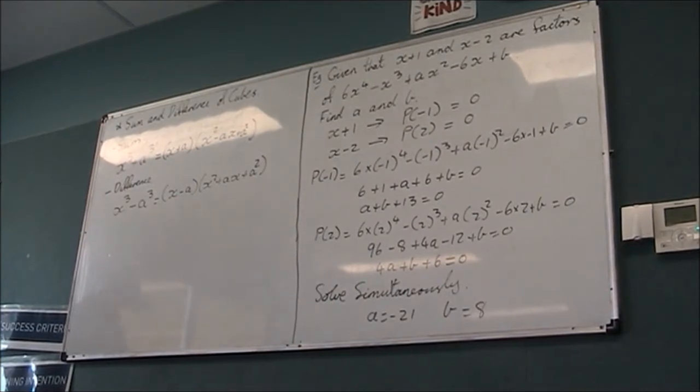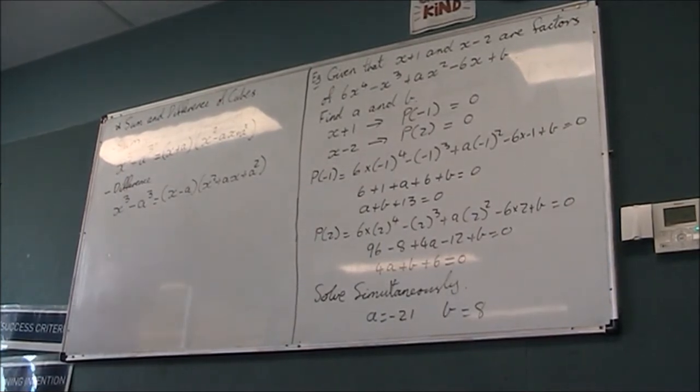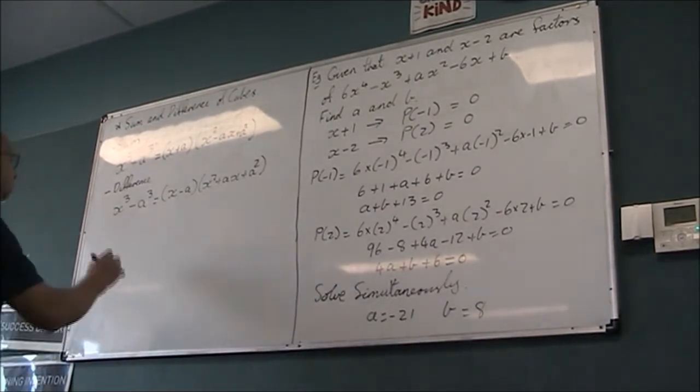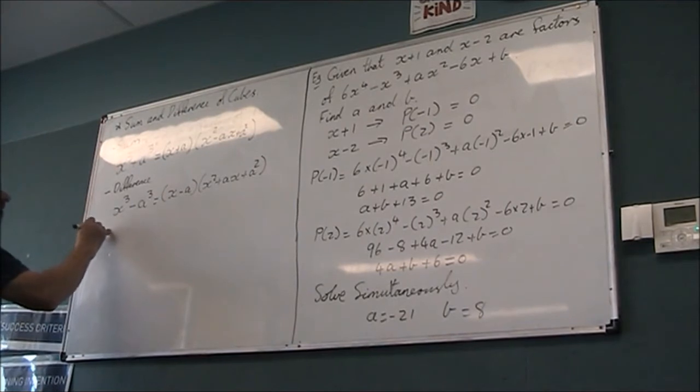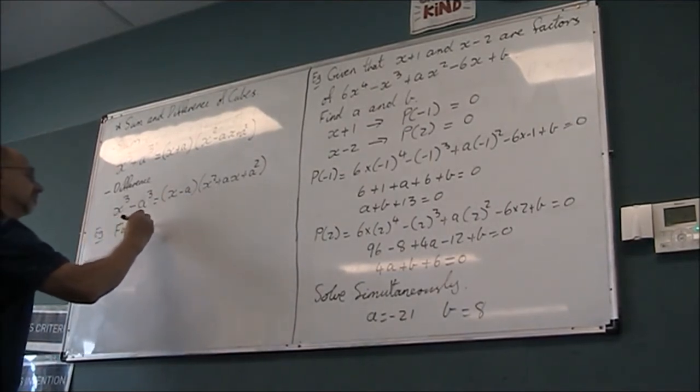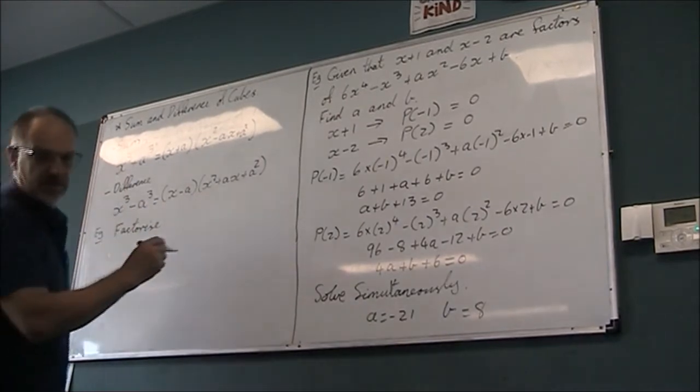It's probably not something that you're going to remember. But if you can recognise the difference of cubes and then you know where to find it, then that is handy. So for example, if I want to factorise the following.